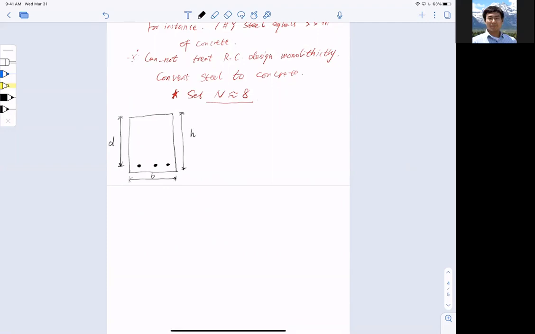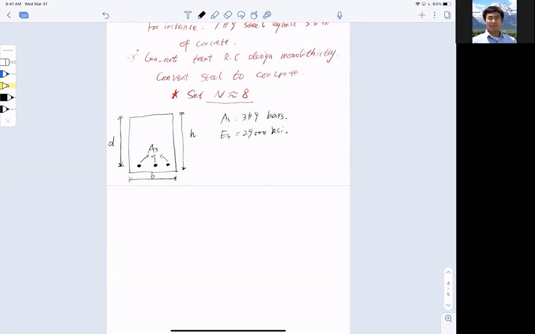Let's assume I have total reinforcement of AS. So how do I transform? Assume AS is 3 number 9 bars, and ES equal to 29,000 KSI.